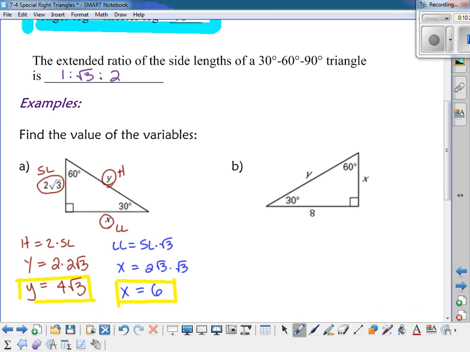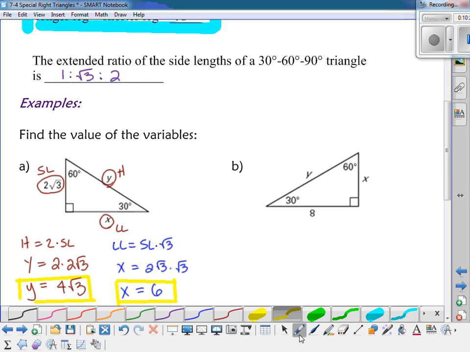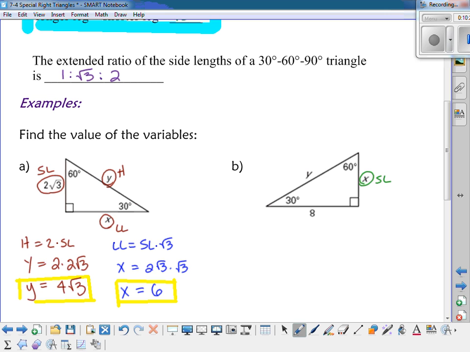Alright, and looking at example B, again, I want to label the parts so I don't get mixed up. This is my short leg, this is my long leg, and this is my hypotenuse. So the hypotenuse is equal to 2 times the short leg. So y is equal to 2x.